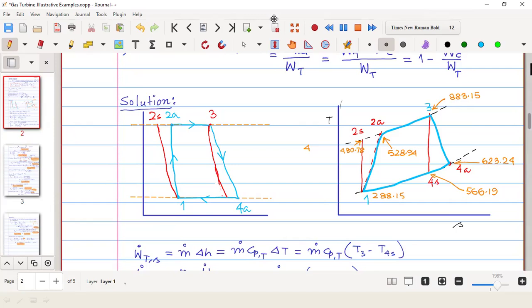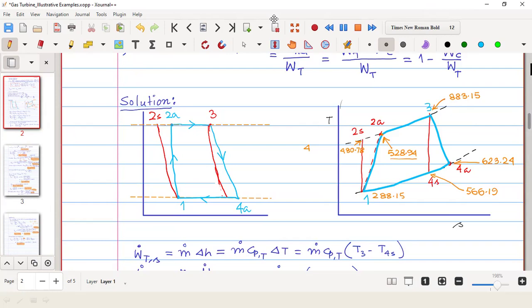So you can clearly understand this is isentropic, only reversible work input, due to which 480.78 is the final temperature. And due to frictional heat generation, there is a higher temperature at the final state in the irreversible process.